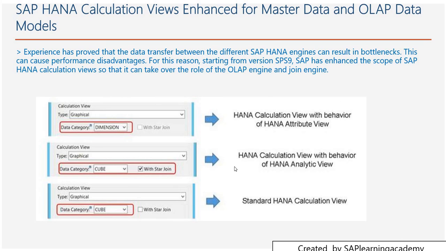If you click on this with star join or star schema, it is actually related to the analytic view and it uses the calculation engine. And the last one is the standard SAP HANA calculation view. In this way, SAP has introduced the new model in SAP HANA calculation view, which can take over the previous engines. And that's all about this tutorial.